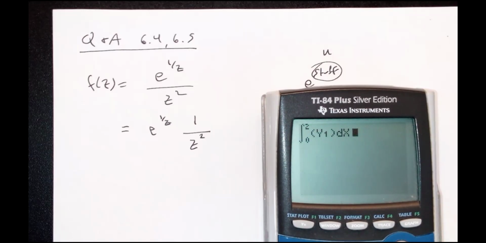And I'm integrating with respect to x. Look, I got the same answer. Good, my computer agrees with itself. I hope it agrees with me when I do this by hand.